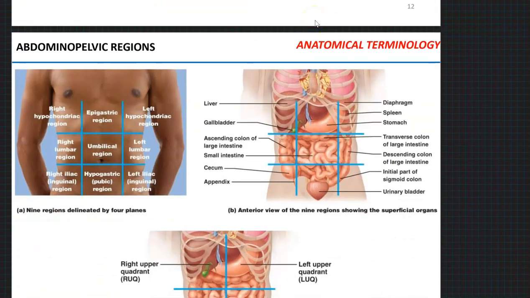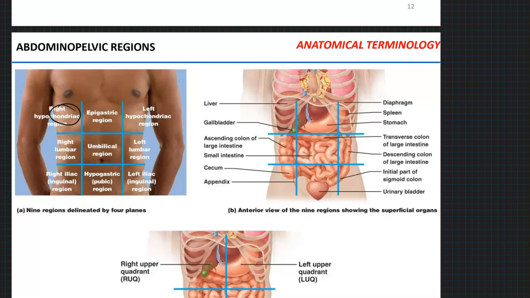Abdominopelvic regions. The abdominal cavity is pretty large, with a lot of organs, so you should be able to describe, for instance, the location of pain. For example, if somebody has cholecystitis, the inflammation of the gallbladder, they usually describe it as acute pain in the right hypochondriac region.